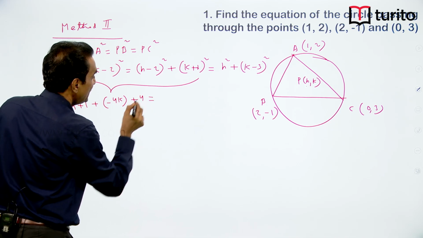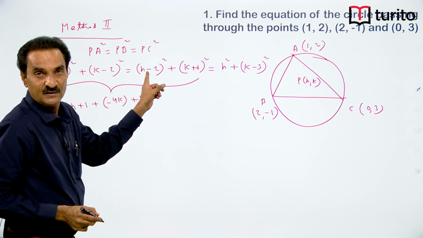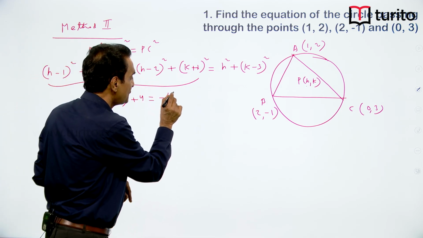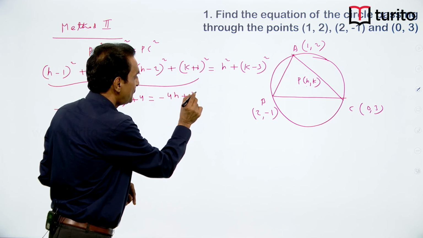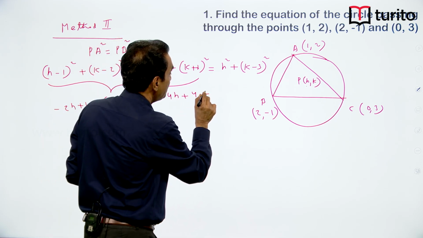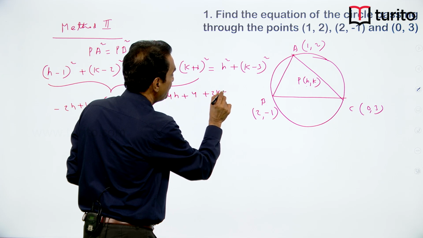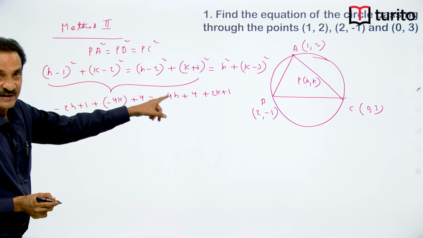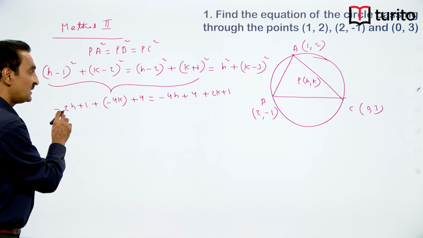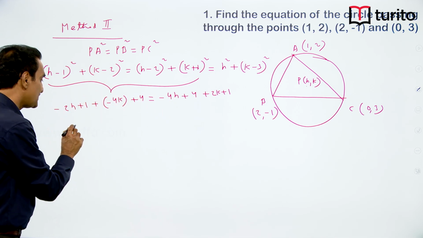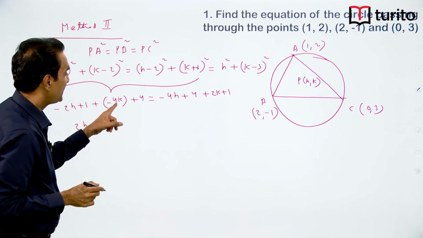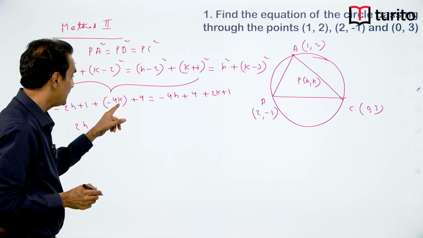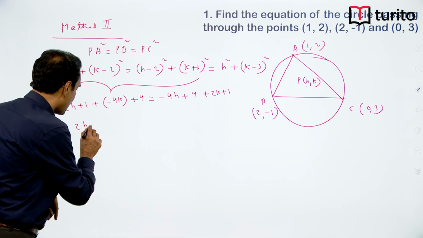plus 4 is equal to, after expansion if you cancel h square and k square, what is remaining? Minus 4h plus 4 and here plus 2k plus 1. Now simplify it, taking minus 4h this side, minus plus 4h minus 2h is 2h minus 4k and 2k, if 2k is brought this side it becomes minus 2k, so you will get minus 6k.